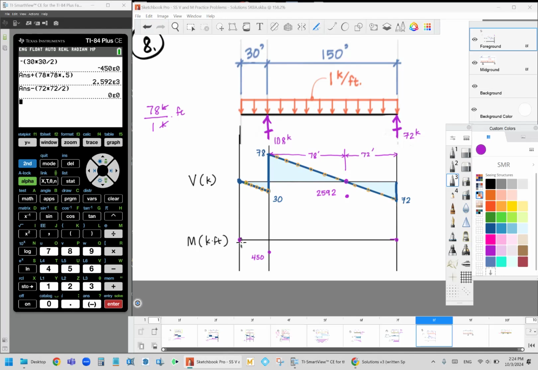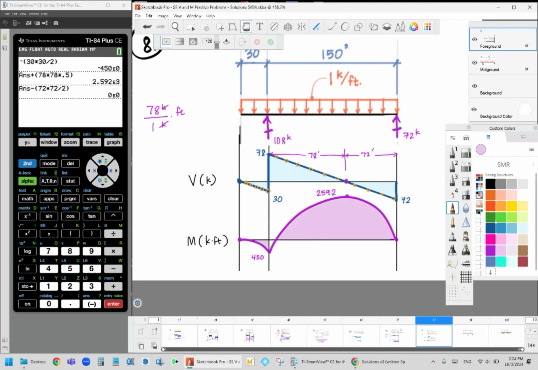Therefore, bending moment is concave down. And this is going to be a nice smooth parabola. So down to here, and then the other piece comes all the way up here, catches that point, and then comes back down.